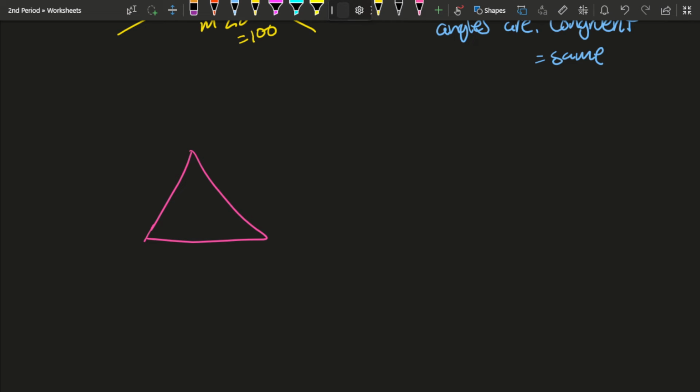The inside angles of a triangle add up to 180 degrees. So for example, if I give you x, 40, and 60, I can find the angle of the missing side. How? I just add this up. x plus 60 plus 40, all of that has to be equal to 180.